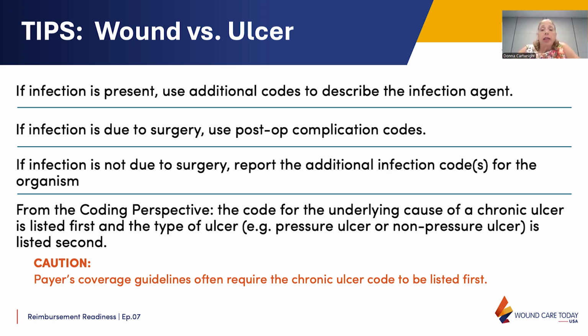So it is very important that you check the patient's insurance and their coverage guidelines to make sure what order they expect to see, because some of them will not pay if you put, for example, diabetes as the first code and then the ulcer as the second code, because their belief is you're treating the ulcer. But the correct coding guidelines tell you that you're supposed to code the underlying cause first and then the manifestation, as we've talked about in the diabetic ulcer and vascular chapter.